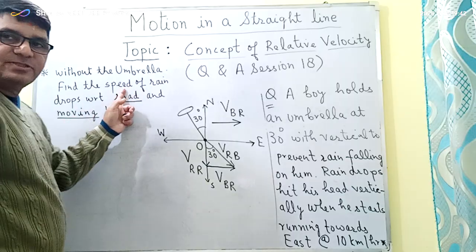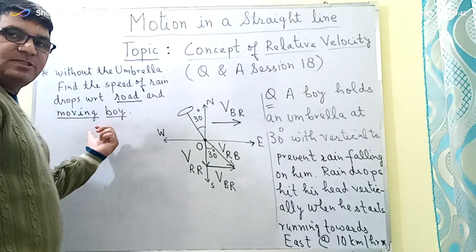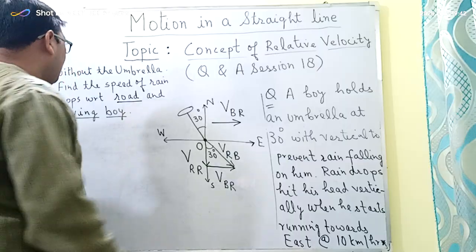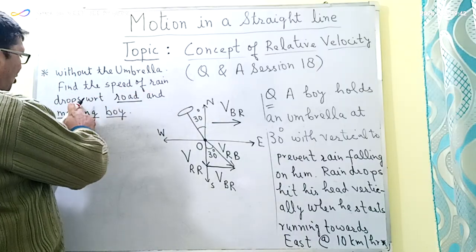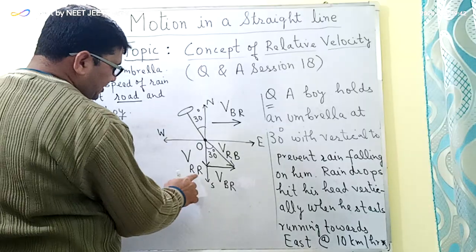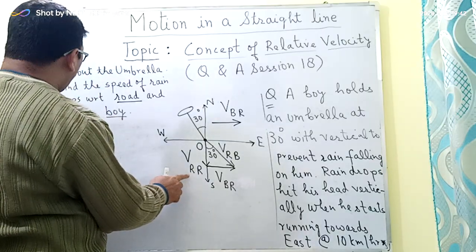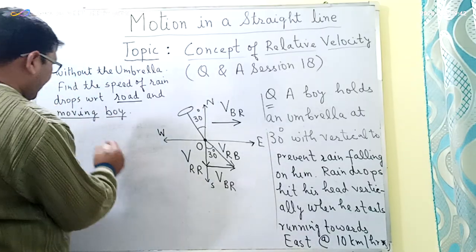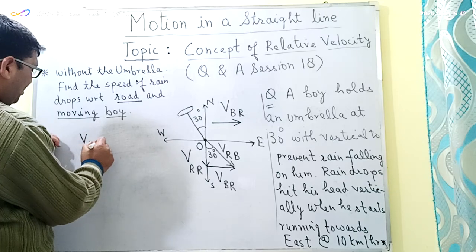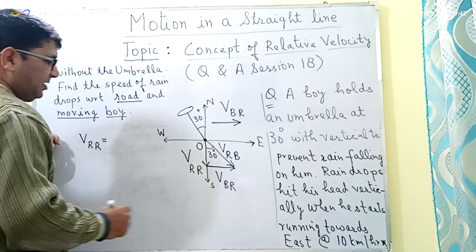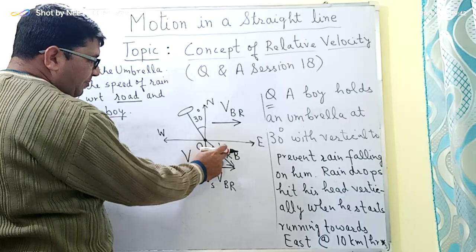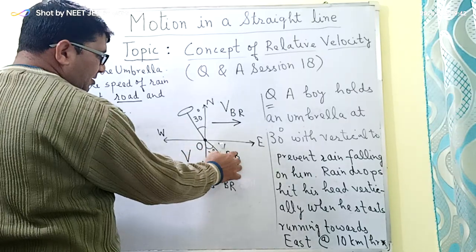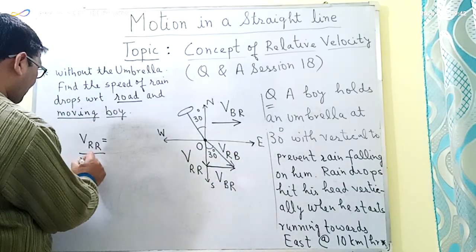So here from this vector triangle, we have to find the speed, or you can say the velocity, because here in this case the speed and the velocity are the same. So here the speed of the rain drop with respect to the road, so we have to find VRR. So VRR, that is base upon hypotenuse, is equal to V upon VRB.